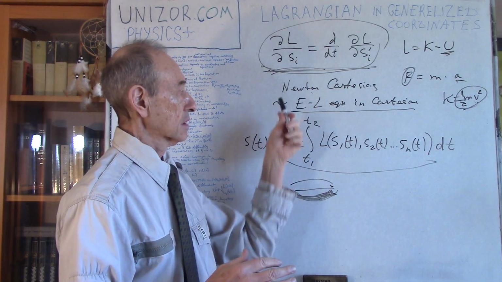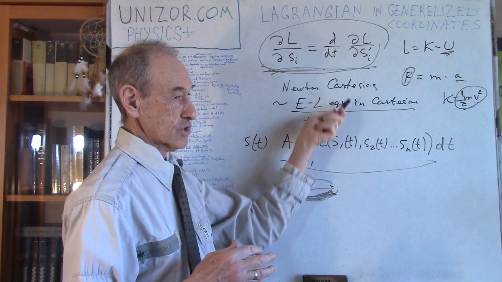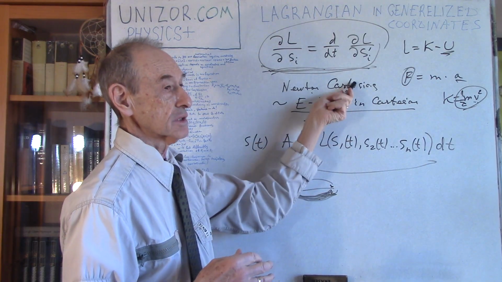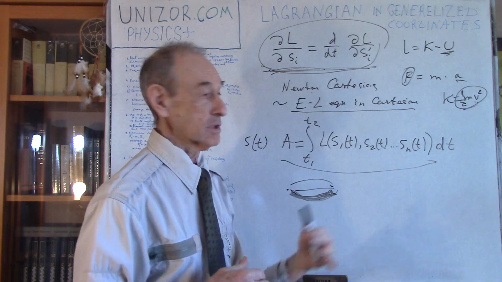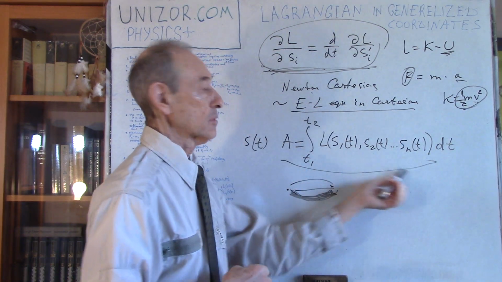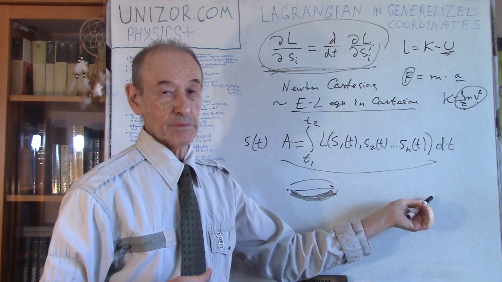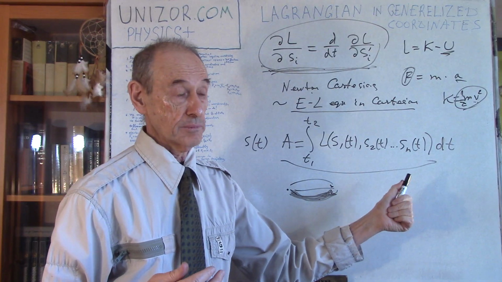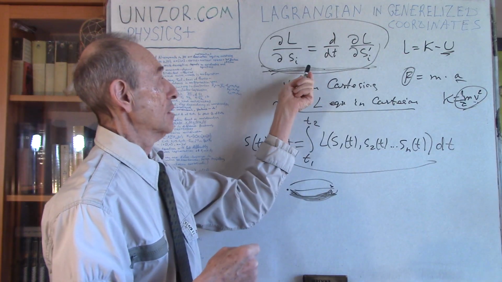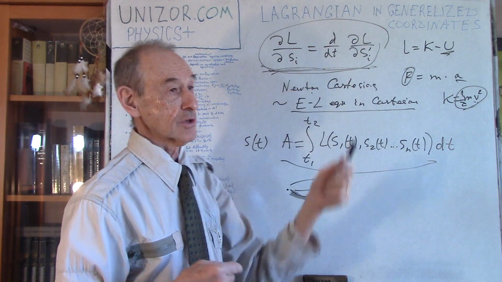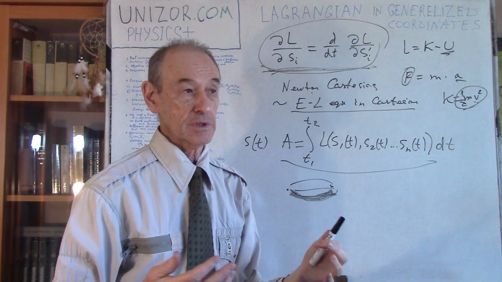So again, in Cartesian it gives the real trajectory because it's analytically derived from Newton. But in any system of coordinates, it gives the minimum, or extremum, of this functional. And that's the logic behind the ability to use the Euler-Lagrange equation in any system of coordinates.